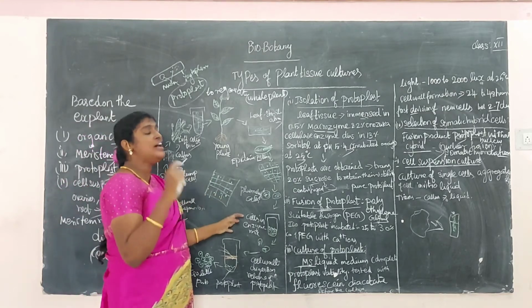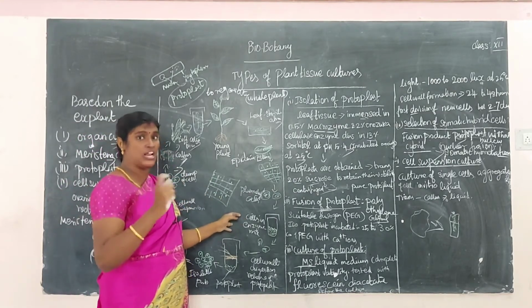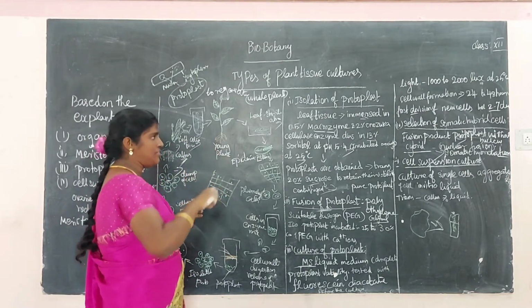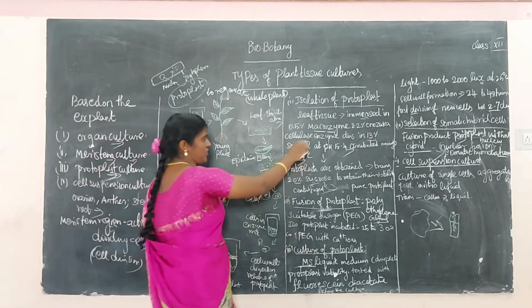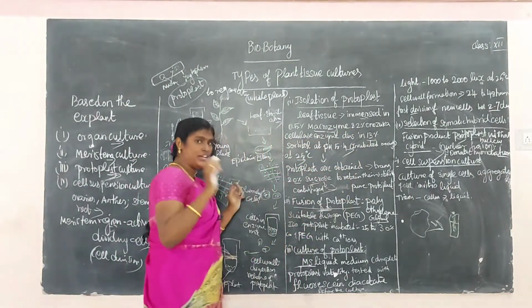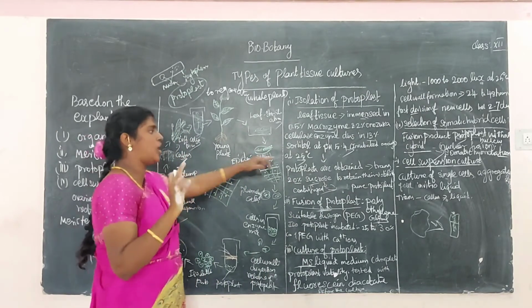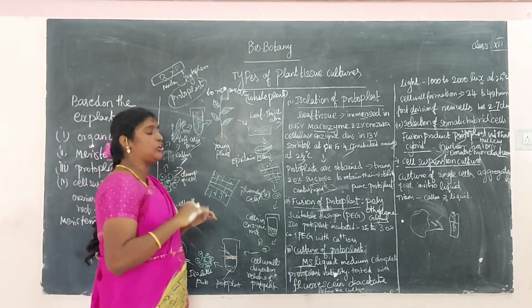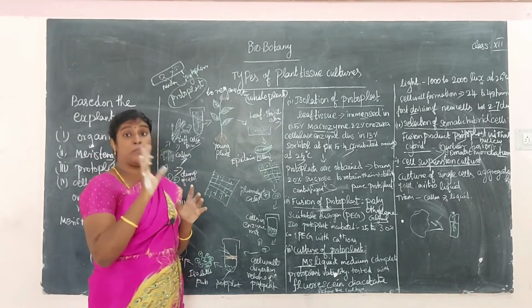Then some enzyme, a cell-wall enzyme mixture, is added. What are the enzymes? 0.5% of macerozyme and 2% of Onozuka cellulase enzyme, dissolved in 13% sorbitol. The fourth one, the protoplasts are obtained from the 20% sucrose solution for the viability test.